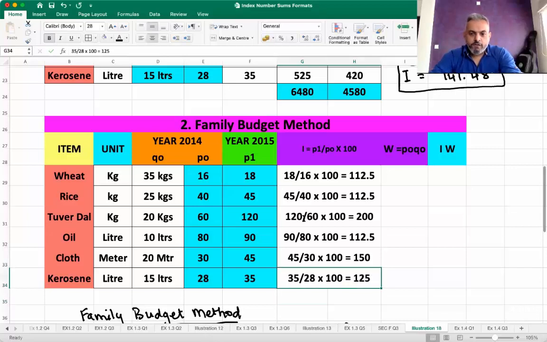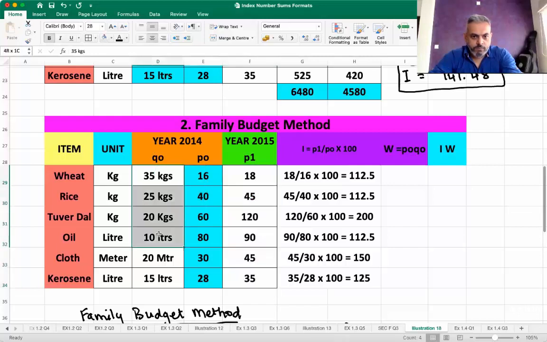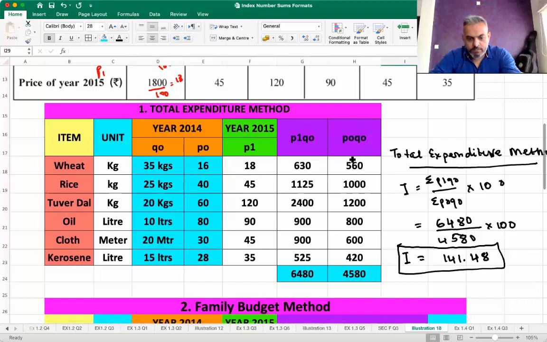So now we have the index. Weight is P0Q0. So let's highlight P0Q0. So P0 into Q0 is already calculated over here.